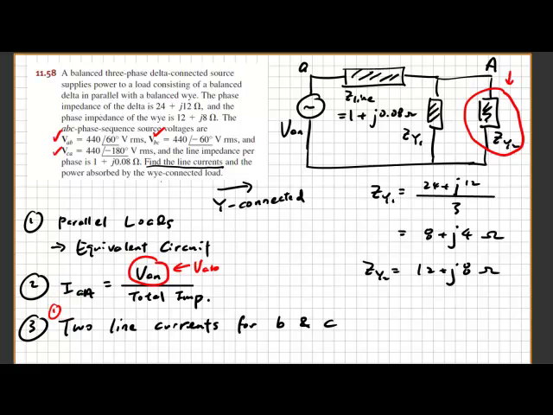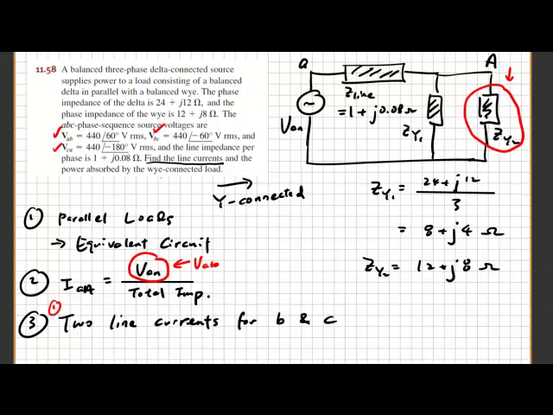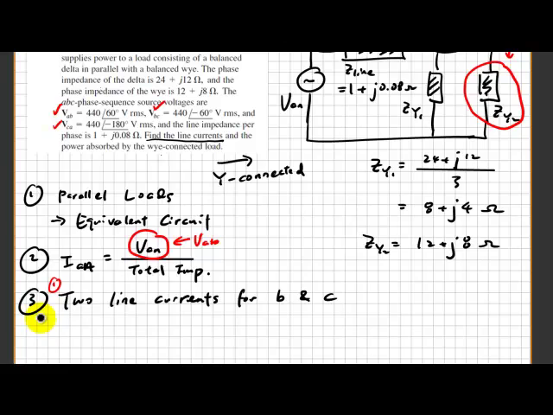Once you find out the 3 line currents, the next step is to find out the voltage at the receiving end, which is simply using the voltage division. You know the source, so that simply means the ratio of the total impedance, and then the denominator is actually any of these impedances.